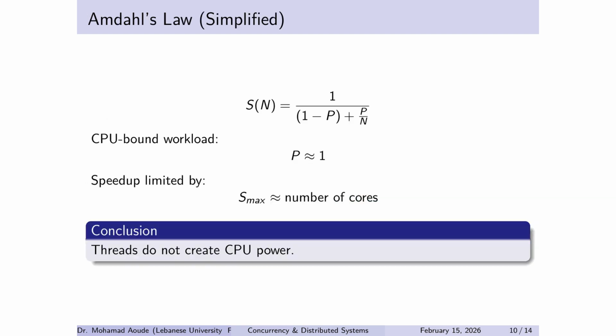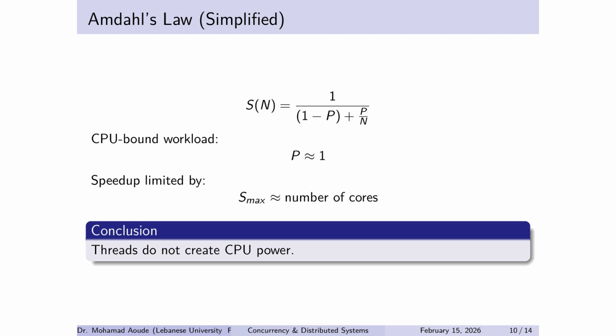Amdahl tells us the maximum theoretical speedup is limited by the non-parallel portion of the workload. If the workload is fully CPU bound, meaning the parallelizable fraction approaches 1, the maximum speedup approaches the number of cores. Threads do not create CPU cycles, they only help distribute them. So if you have 8 cores, your maximum realistic speedup is around 8. That's it. Mathematics imposes a ceiling.